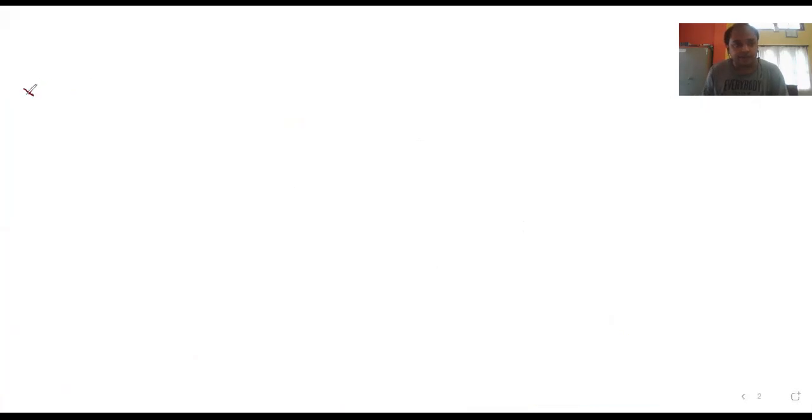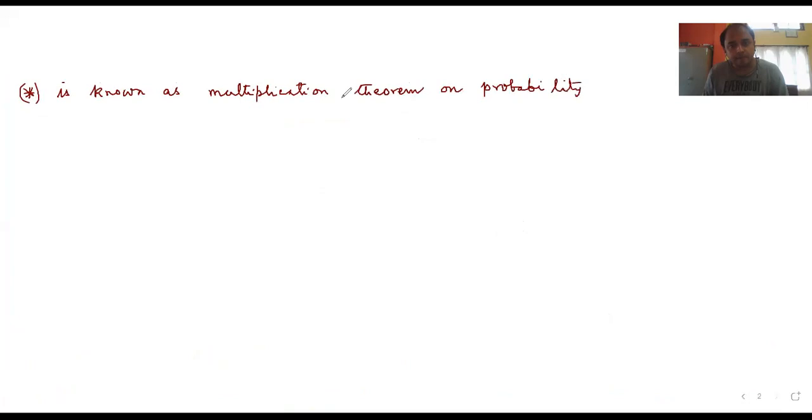So in the next page, I'm writing that star is known as the multiplication theorem of probability.